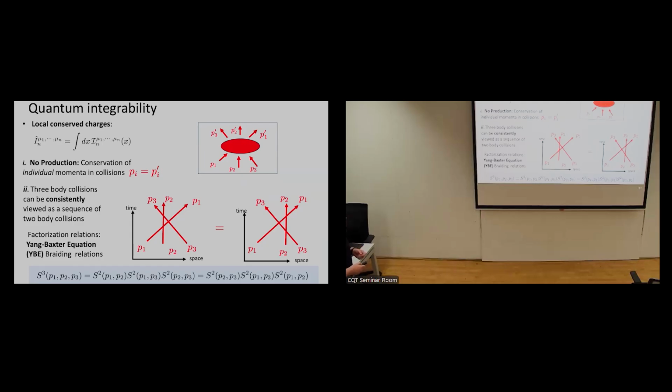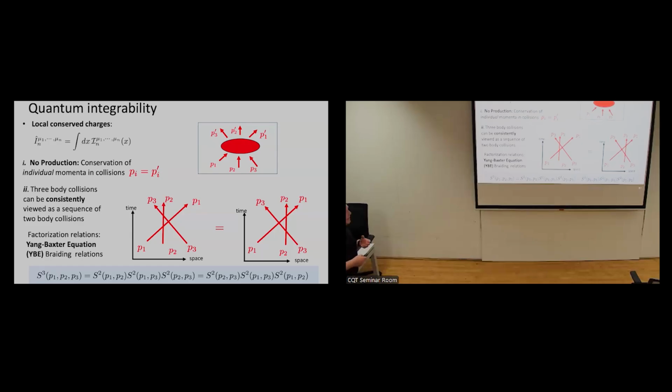You can take this three-body scattering problem in and out and arrange it as proceeding through two-particle scattering at a time. So instead of thinking about three particles, first I will have particle 1 and particle 2 colliding, then particle 1 and particle 3, and then particle 2 and 3.